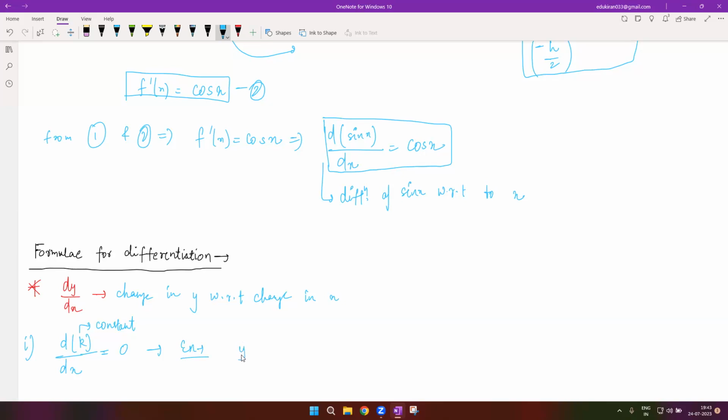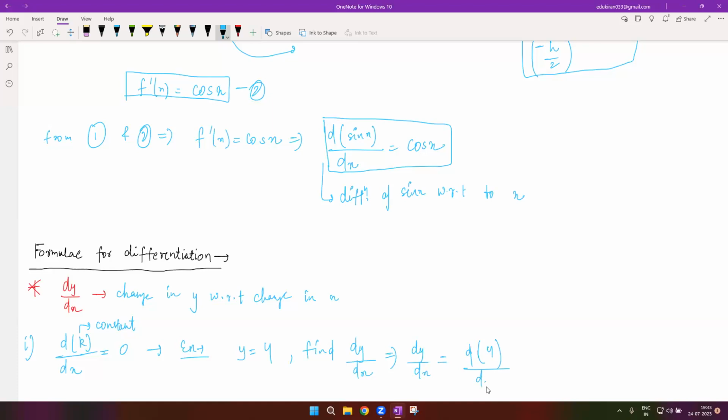So if I say that your function is y is equal to 4, find dy by dx. Right? Now y is equal to 4 is a constant function. So if I am finding out dy by dx, it basically means d of 4 with respect to dx, in place of y you can replace with 4.